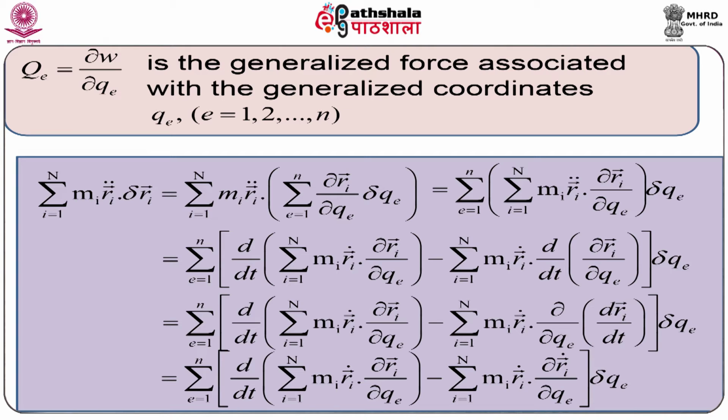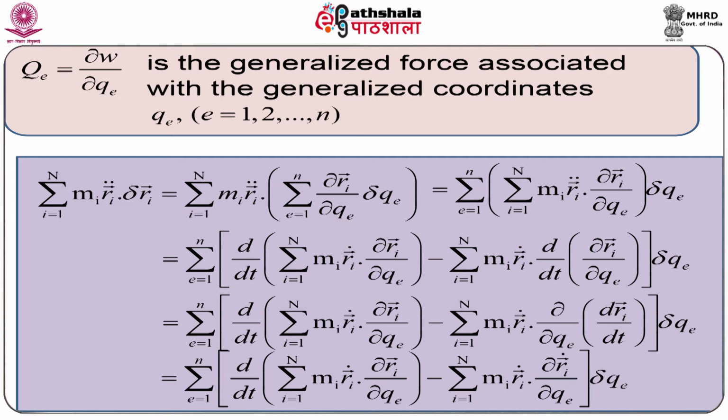This can be written like this: d/dt of summation over i of mi Ri vector dot del Ri vector by del qk gives two terms, but here we have only one term, so we have to subtract the extra term which is given here.